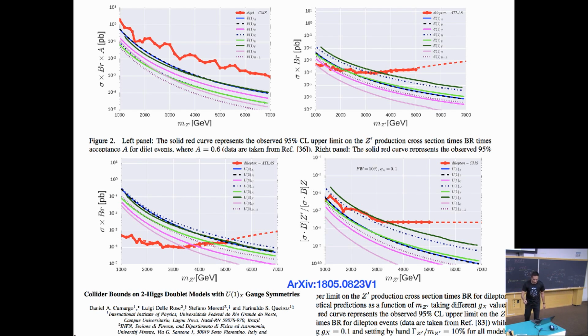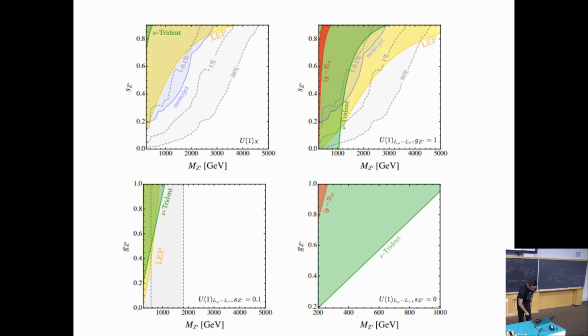So okay, here in this case we just confront this model with all the possible constraints. For example, here are the searches in monojet. Here is the trident neutrino production, and here is how we vary the branching ratio of the Z prime going to leptons. As we can expect, as the branching ratio to leptons grows, the mass of the Z prime is more restricted.